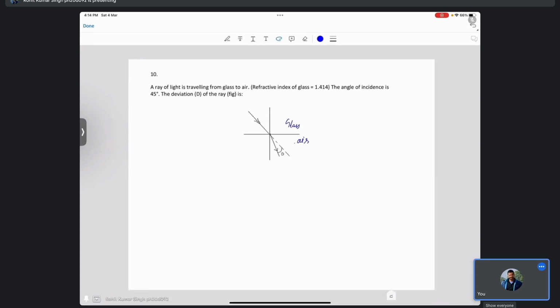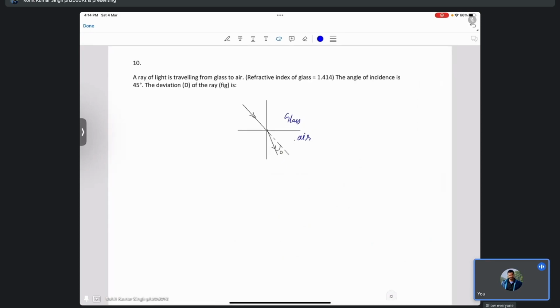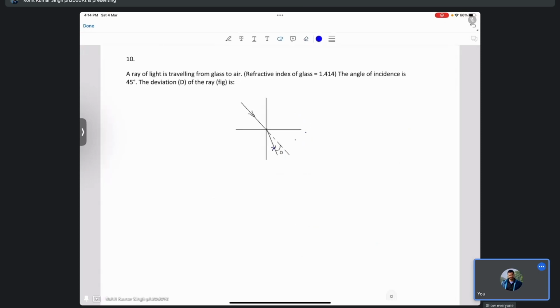I think the figure here is wrong, because it should not bend towards the normal. It should bend away from the normal, because air is rarer than the glass. So this is a wrong figure.